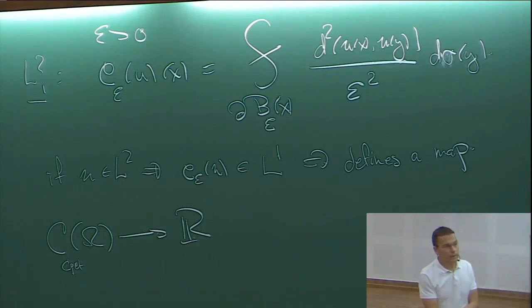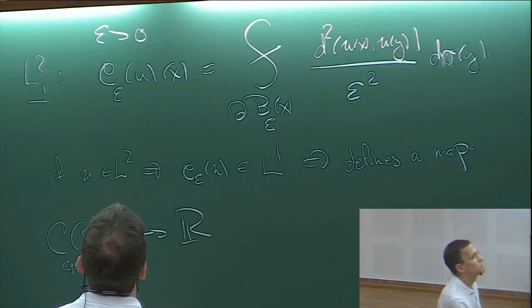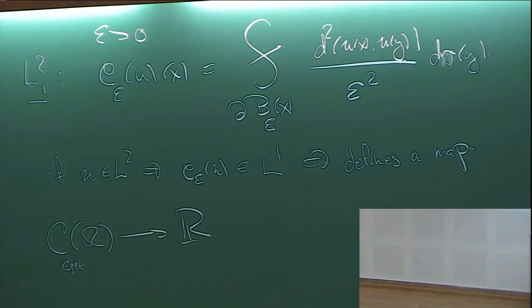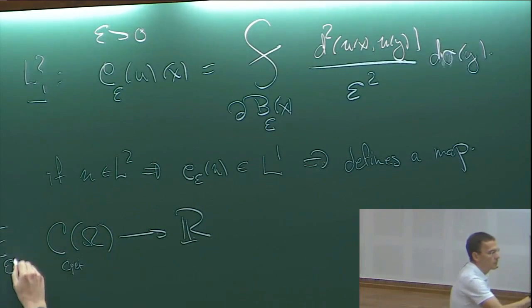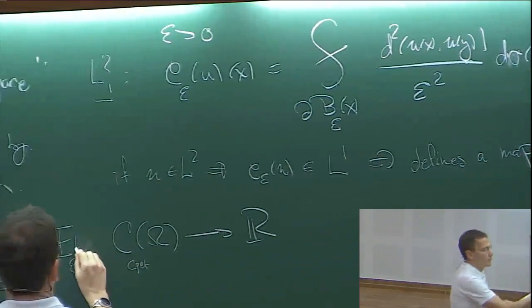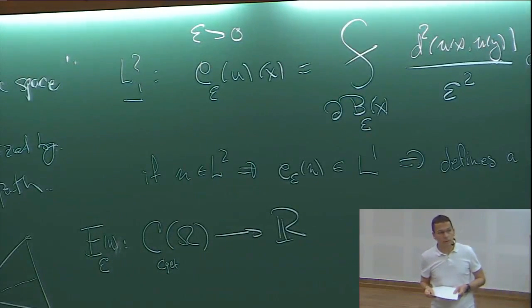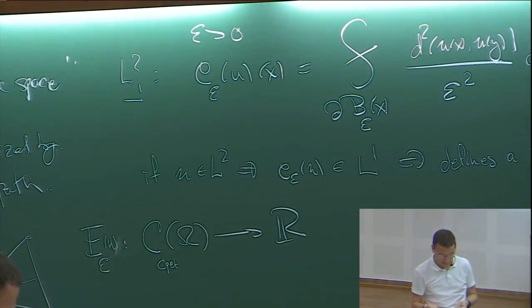And so now we define the following. Here I better use my notes, otherwise I'll get something wrong. Let me give this a name, E epsilon of u. So it's that linear functional defined by this approximate density here.